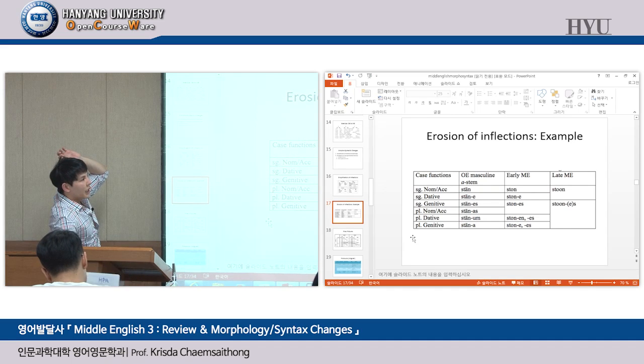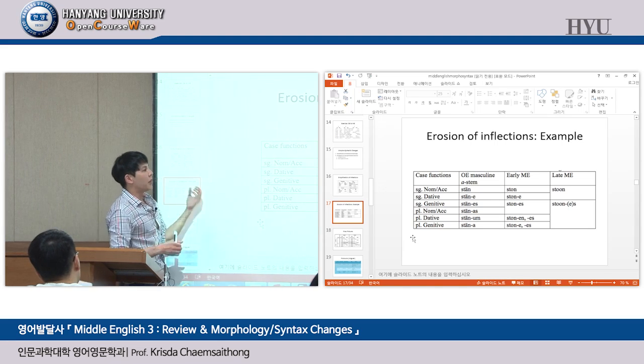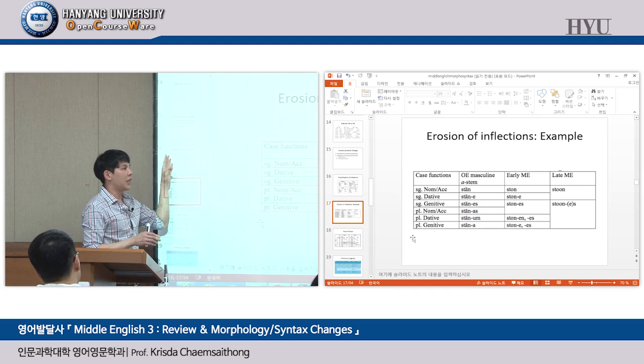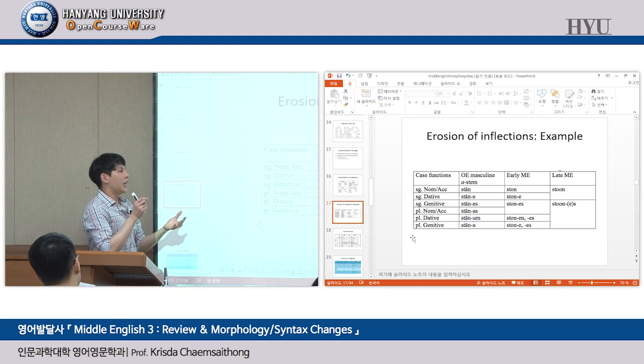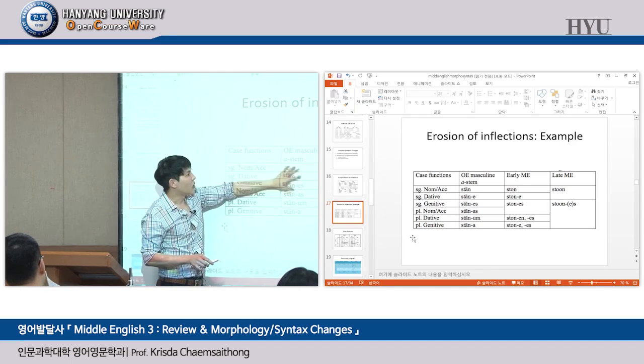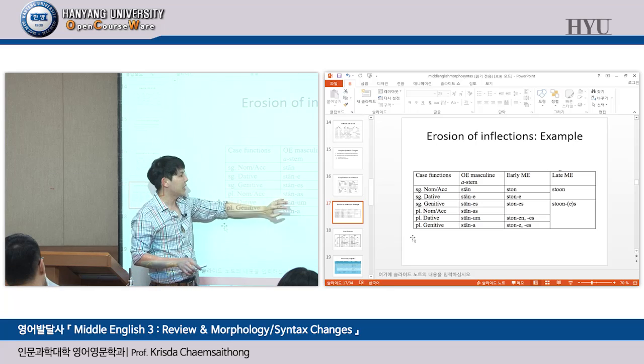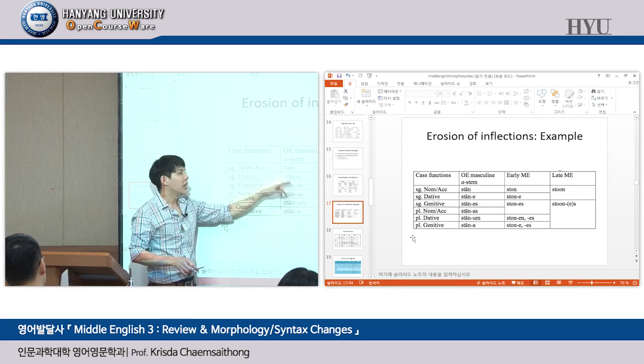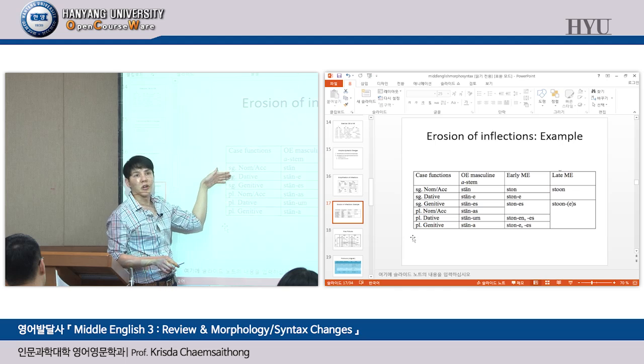So we have Old English here, Early Middle English and Late Middle English. You see three main columns here. Now, remember, we talked about this in vowel changes, that in unstressed syllables, vowels will become schwa, spelled with E. So in the first column, you see Old English masculine, stan, stane, stane, stana, stanum, stana, depending on the case and the number here.